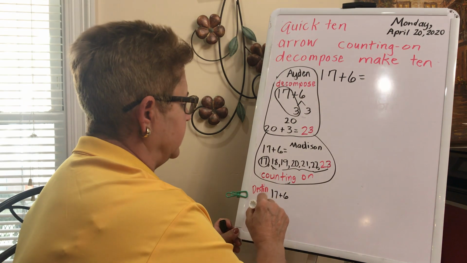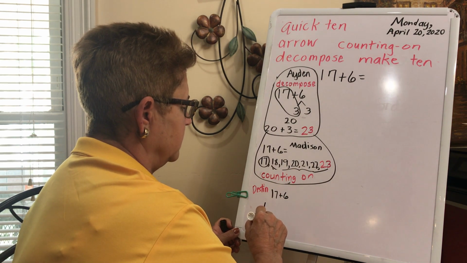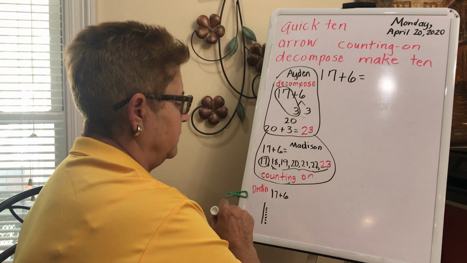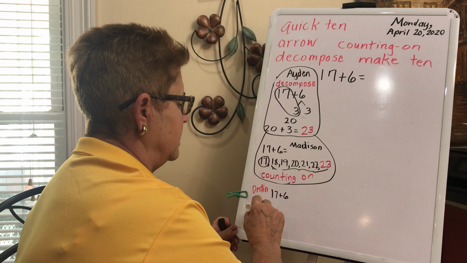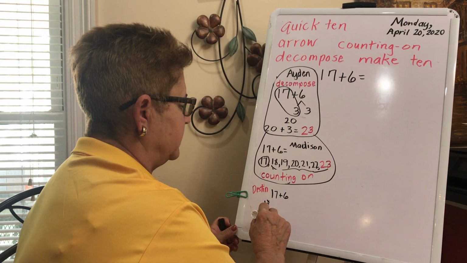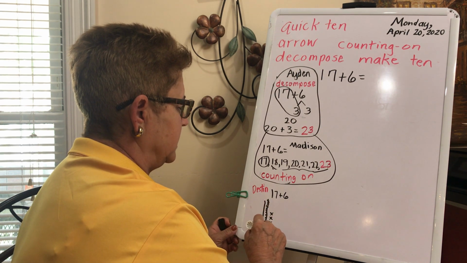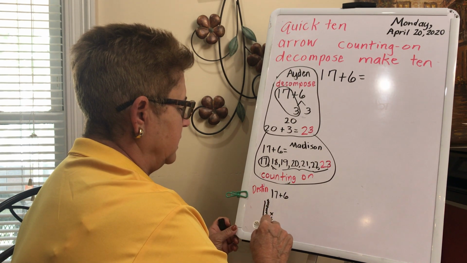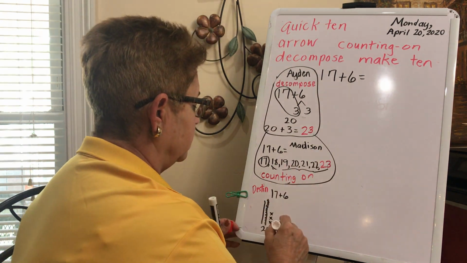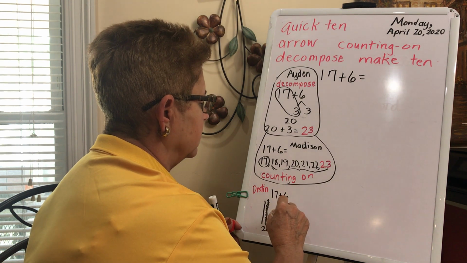So he did 1 ten and then 7 ones, 1, 2, 3, 4, 5, 6, 7. Then he was going to use his 6, 8, 9, 10, and that's only 3, 4, 5, 6. And so he got another 10, so he said 20 plus 3 equals, and the answer is 23. And he did a quick 10.